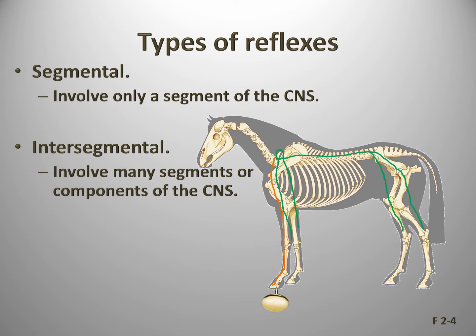But because the initial point is related to pain, that information must also be communicated to the brain, which will decide to store it or, if needed, take any additional measure to avoid further damage. As you can see, this more complex response needs to involve more sections or segments of the central nervous system. Therefore, this type of reflex is intersegmental.